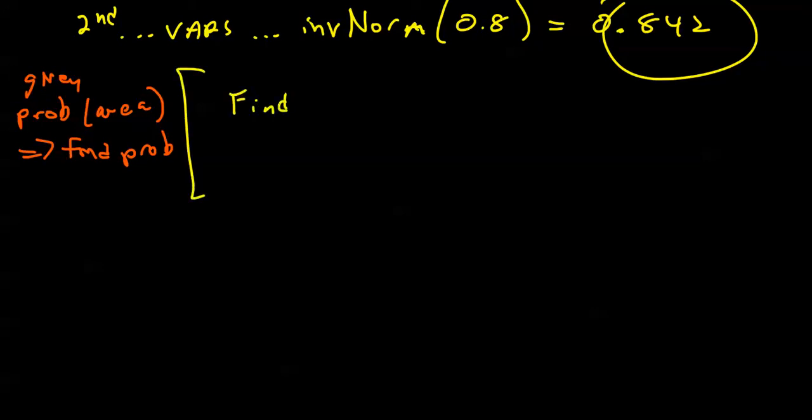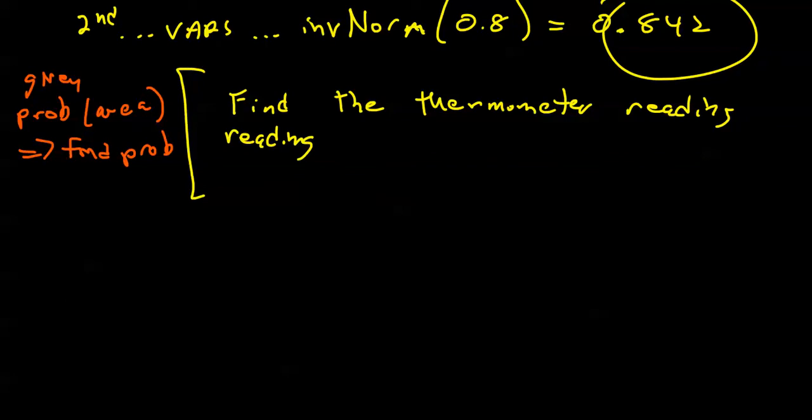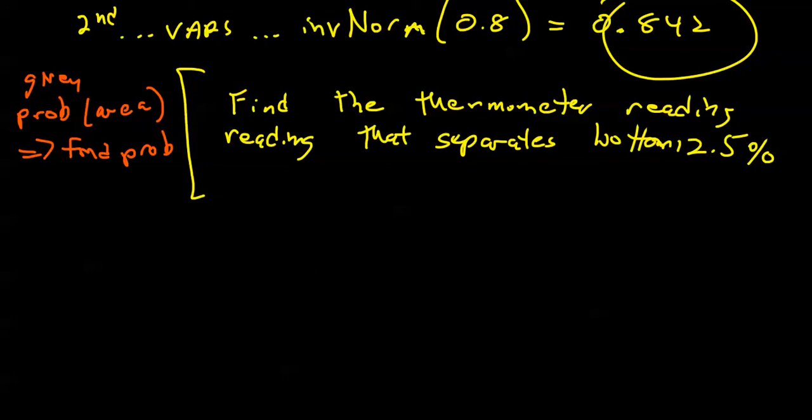I'll say find the thermometer reading from this large group of thermometers that separates the bottom 2.5% and the top 2.5% of all readings.